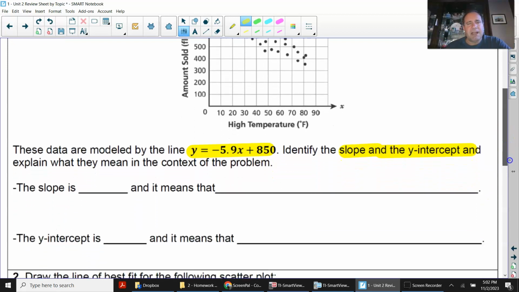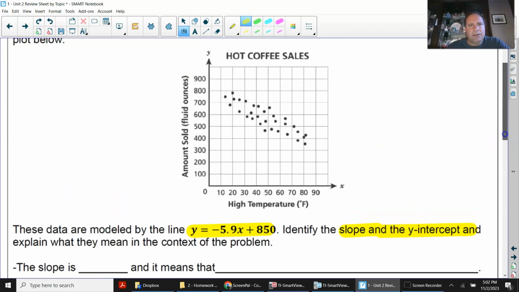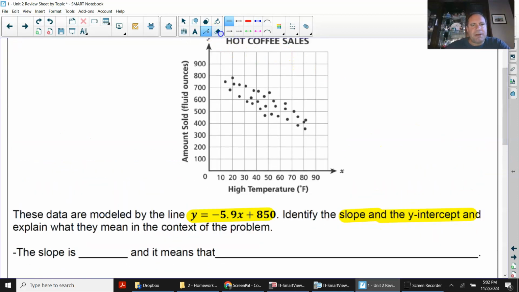Slope and y-intercept. If I drew a trend line, by the way, it would be something like this right here, because I'm going to go through the center of all the points as best as I possibly can.